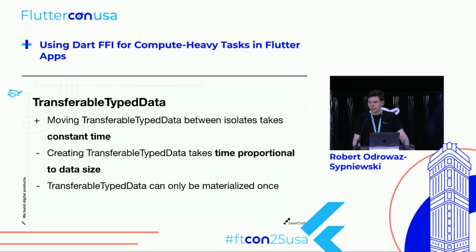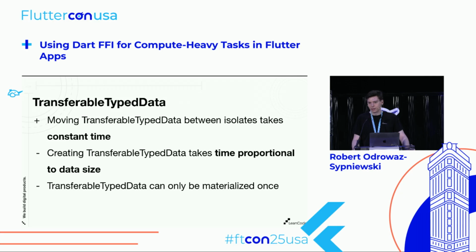There is technically a class that sounds like it solves this issue. It's called TransferableTypedData, and it allows us to move typed data between isolates in constant time. However, while moving this data is fast, creating the TransferableTypedData does take time proportional to the size of the data.